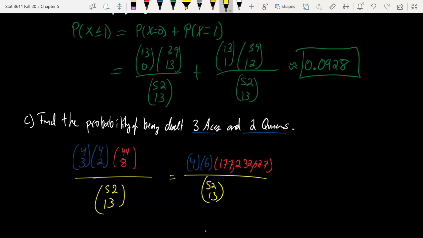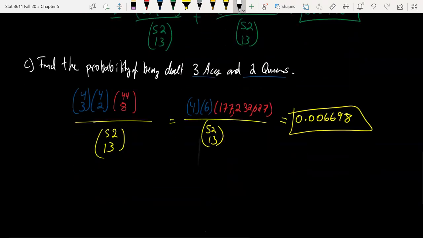And then I'm going to do divided by, in parentheses, 52 choose 13, close parentheses. Okay, so then this is about 0.006698 is what I can see on there. Okay, 3 aces and 2 queens.